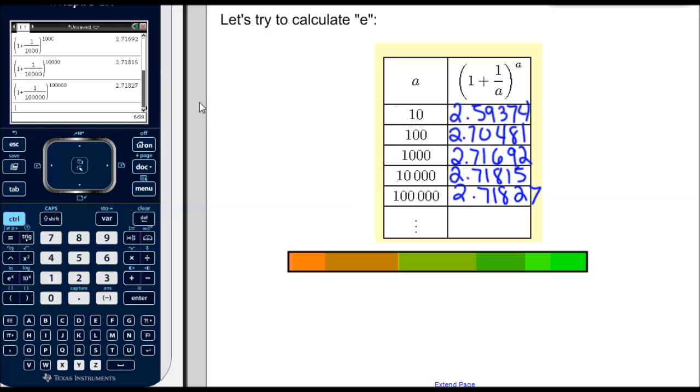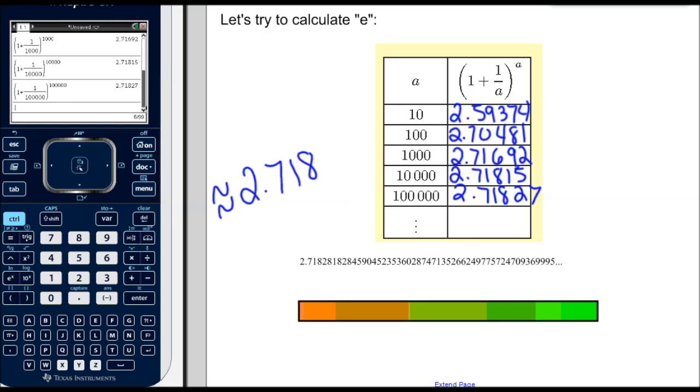Okay, so you may have heard people estimate the number e before, and we use the estimation of about 2.718. Okay, but remember that's not what e actually equals. e is actually a number that continues on and on forever and ever because it's irrational. So it's 2.718, and you can see it here. And remember, this goes on infinitely. It does not end.